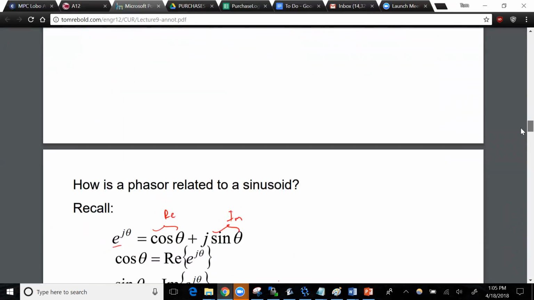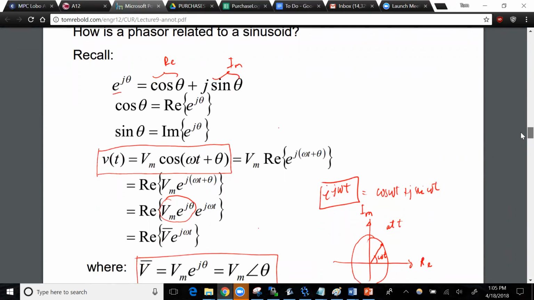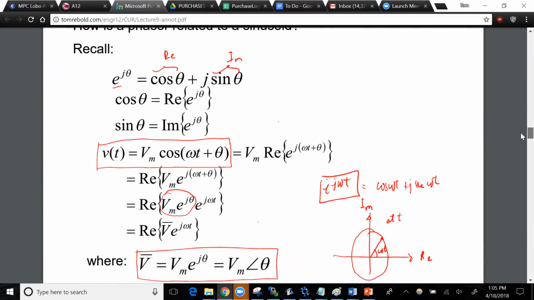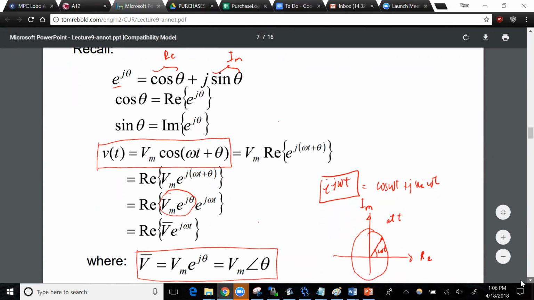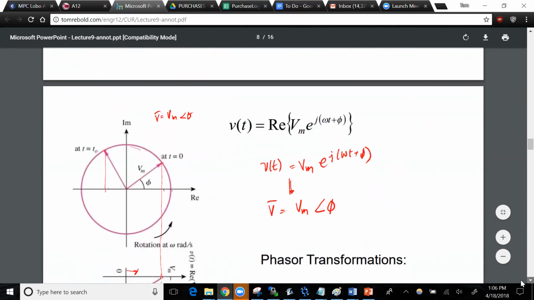The crux of the matter is we want to hijack the complex number representation because it's a great way of encoding two quantities into a single entity. In the case of sinusoids, they have two quantities: a magnitude and a phase, and it represents that geometrically really nicely. It allows us to treat sine waves like vectors, which is really pretty cool. And then you can do all kinds of operations with them that make valid sense.